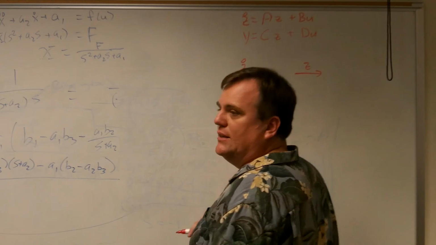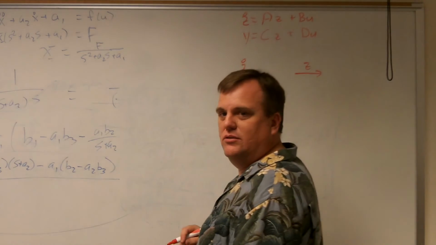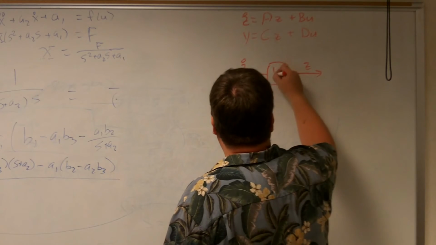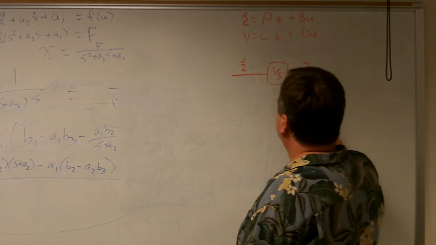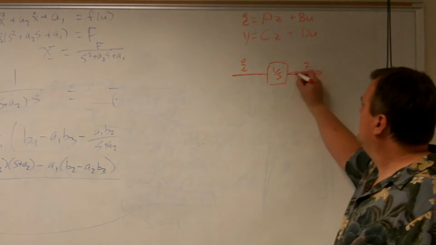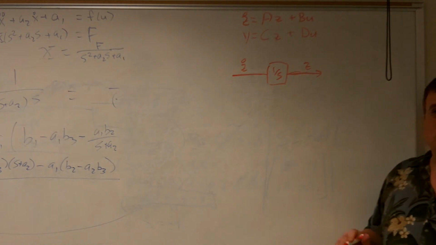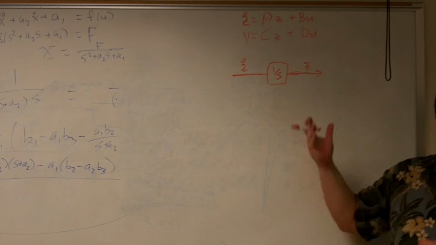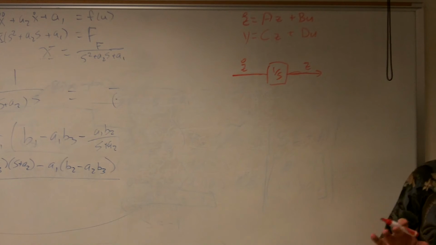How do I go from z dot to z? Integrate. We agree? So that's just a simple thing. I've got a z dot and a z, and I want to know how to go between them. Integration goes between them. That's just by definition.